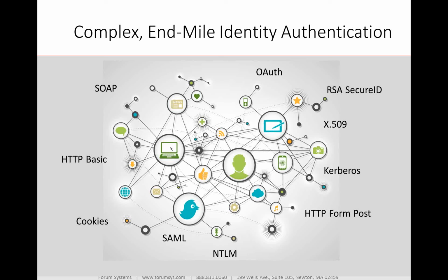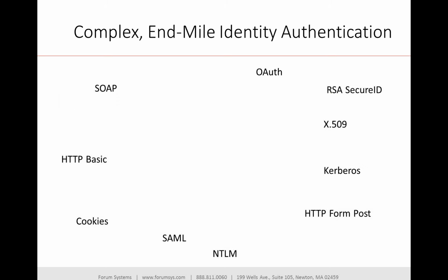And so what we're going to do is take that and look at this in a different way. The complex end-mile identity authentication really is comprised of, if we take out the endpoint aspect, what we're really focused on, which is the identity information itself that's being sent in, from the client side in.